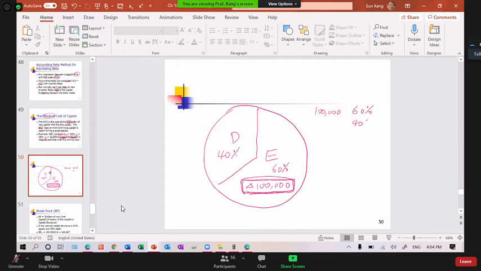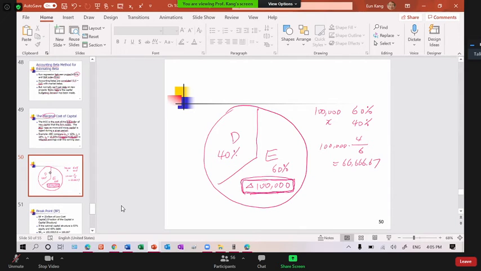Then how much has to be debt? So 100,000 times 4/6, which is 66,666.67.